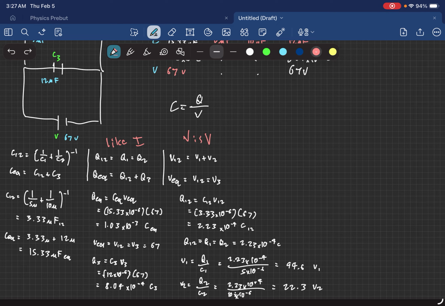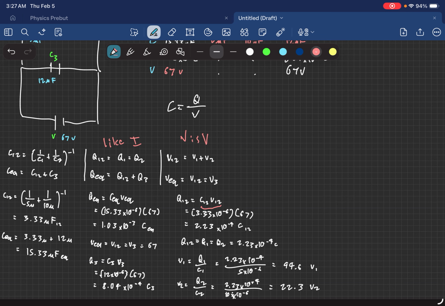Like the first problem, you transpose Q3, so QEQ minus Q3, or you can do the other way. Either way is correct. Q12 is also equal to C12 times V12.